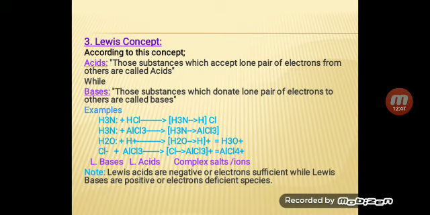It can accept a lone pair of electrons. The hydrogen ion is the electron deficient center, so it also accepts a lone pair of electrons, so it is a Lewis acid. Aluminum trichloride is a Lewis acid because if we draw the structure of aluminum trichloride, we will find that aluminum has fewer electrons than its octet, so it requires 2 electrons to complete its octet. That's why it acts as a Lewis acid.